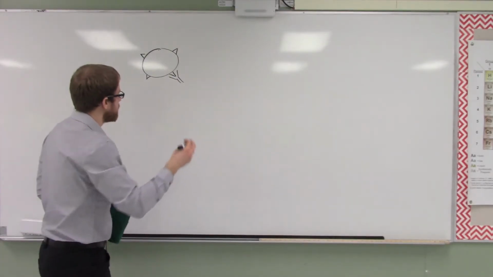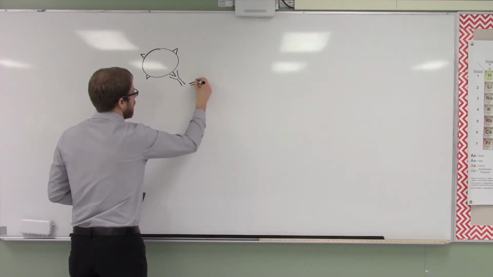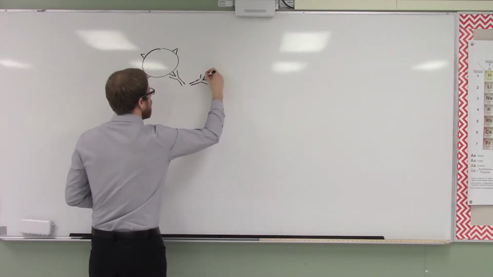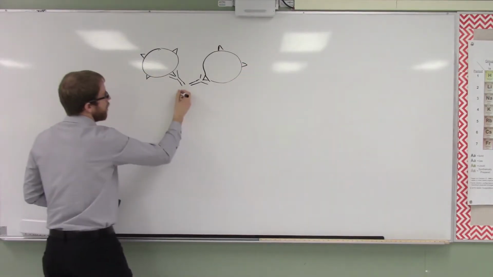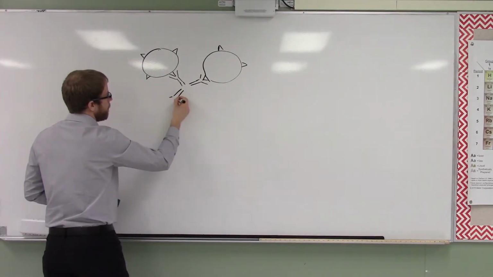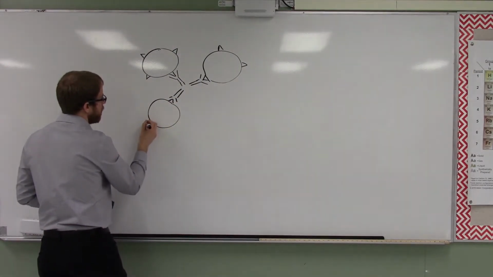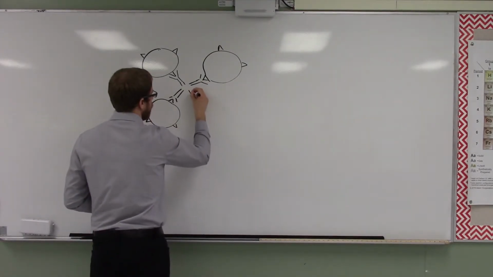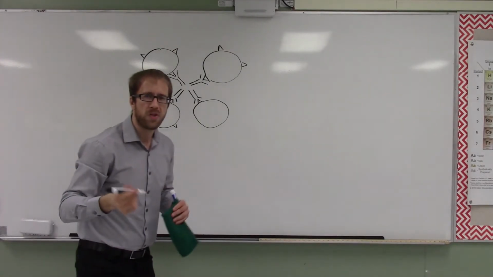What will then happen is these antibodies will have many active sites, and they will bond to an antigen on another red blood cell, and there's one on another red blood cell, and then there can be one on another red blood cell over here. You get the idea. What's going to happen to our red blood cells? Well, they are going to clump together. They are going to agglutinate as a result.